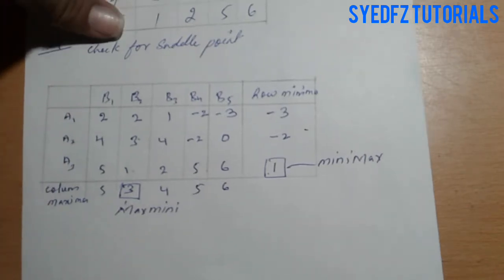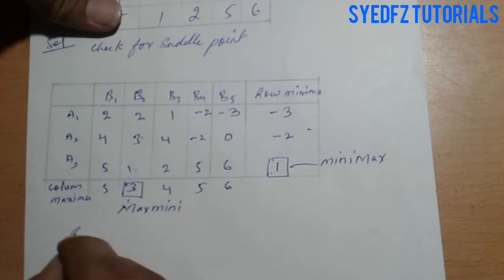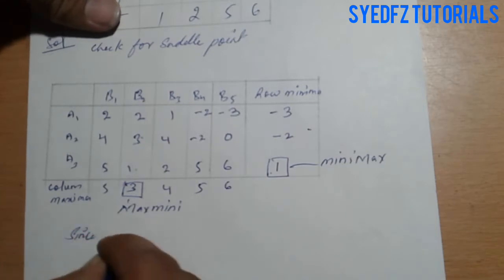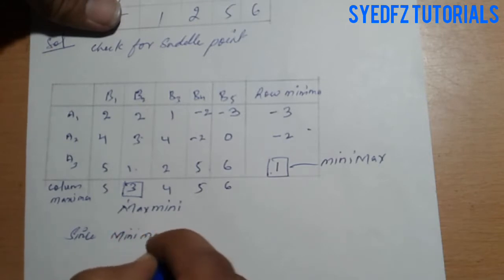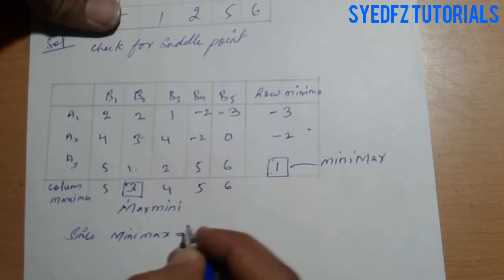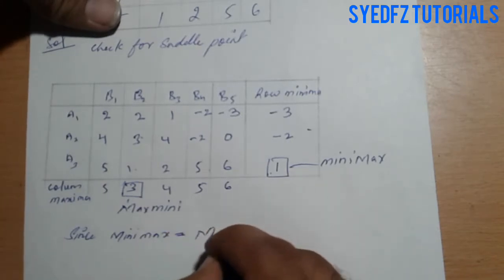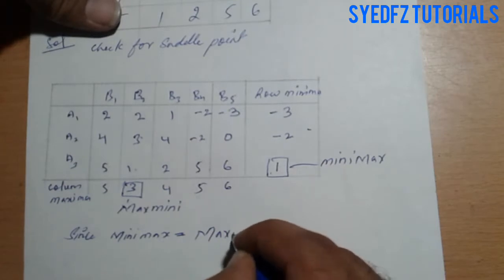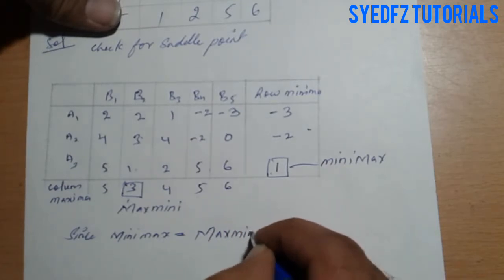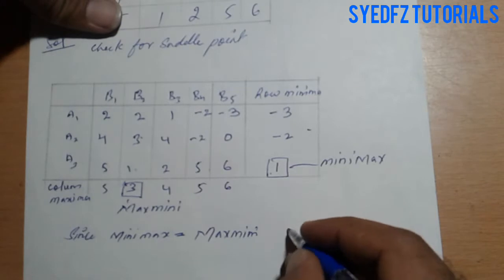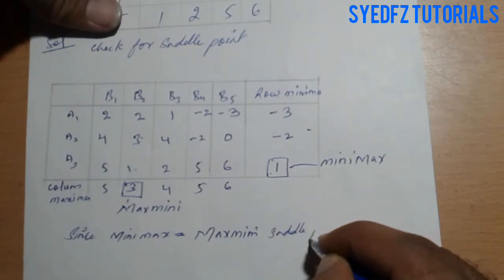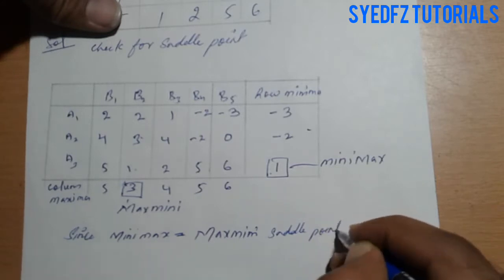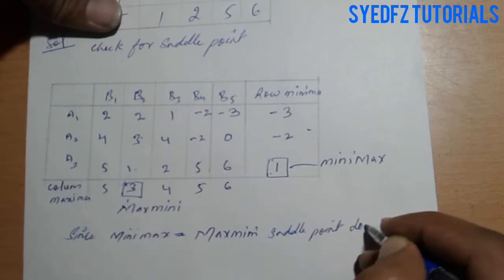Since mini max is not equal to max mini, a saddle point does not exist.